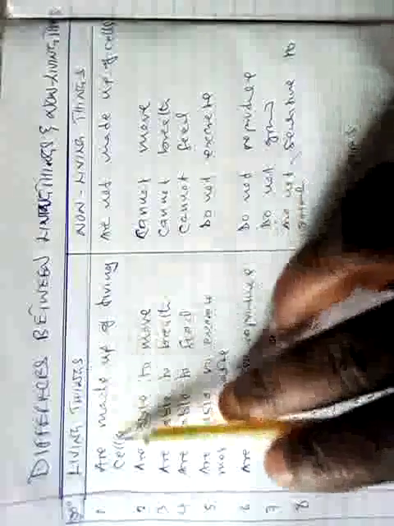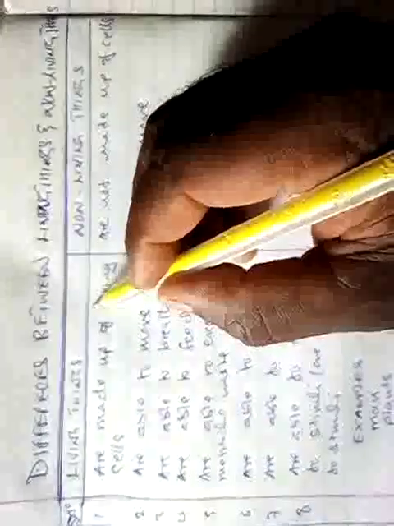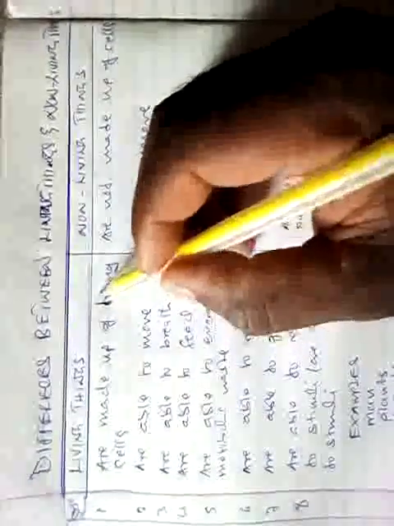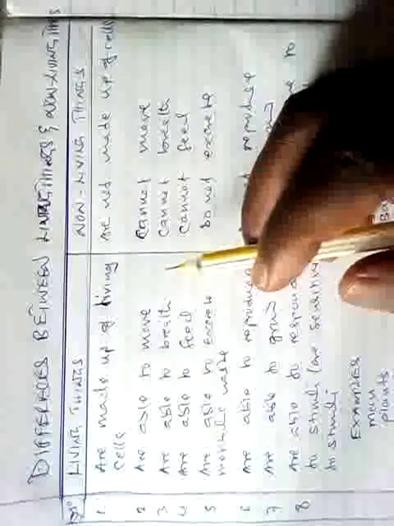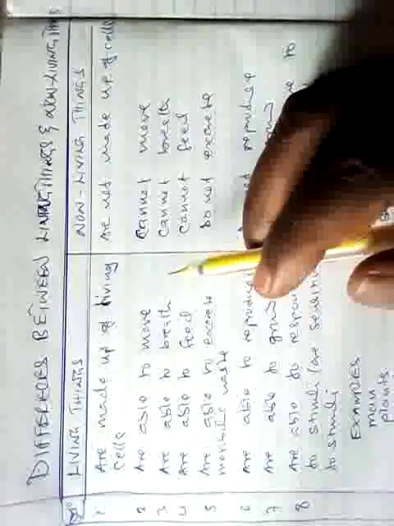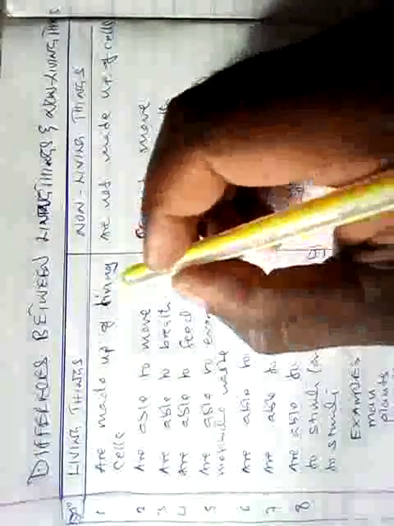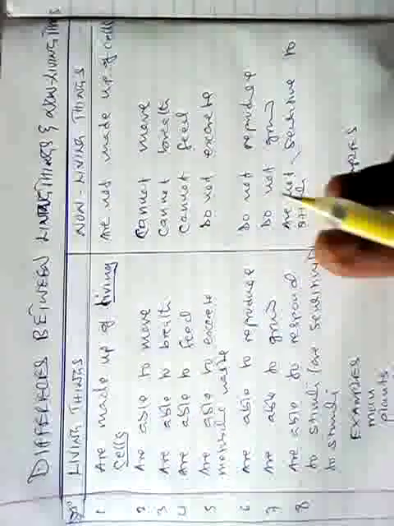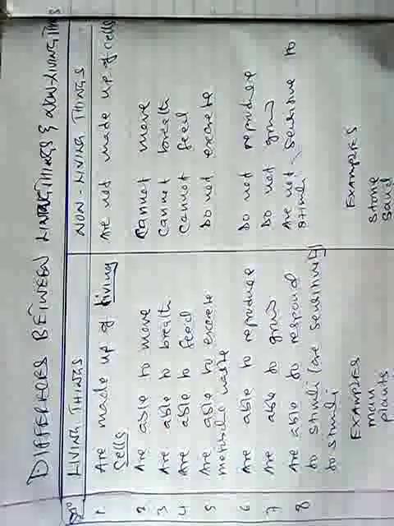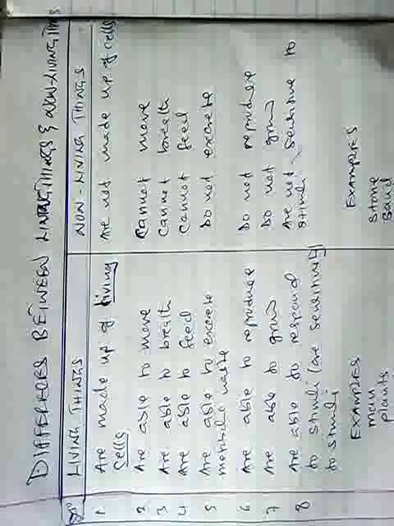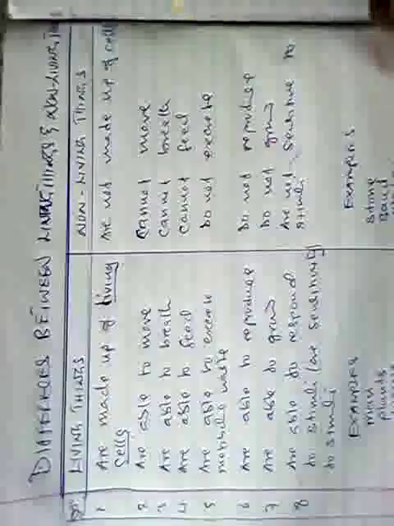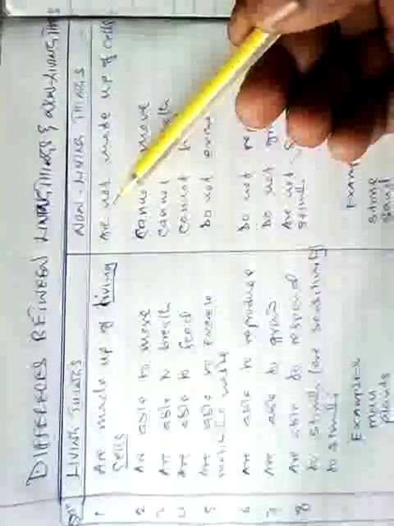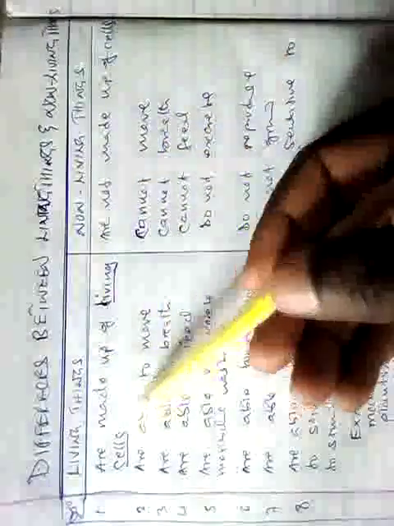So living things are made up of living cells. When you are talking about cells in biology, don't just say cells. A car battery has cells. So you have to say living cells. This is the language that you should be familiar with, the language that you should be used to, living cells.